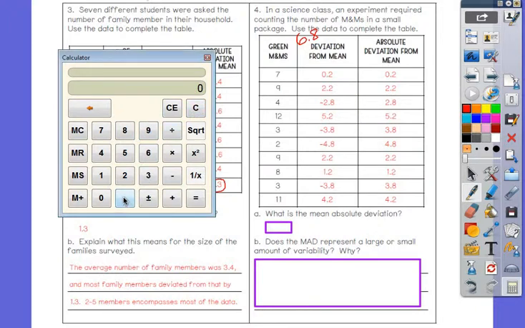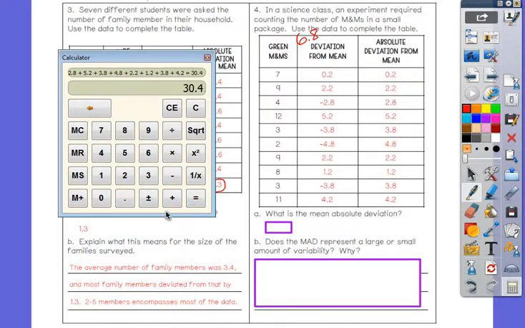So I'm going to do 0.2 plus 2.2 plus 2.8 plus 5.2 plus 3.8 plus 4.8 plus 2.2 plus 1.2 plus 3.8 plus 4.2.